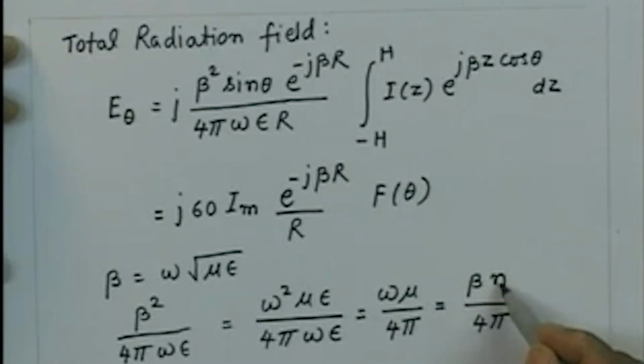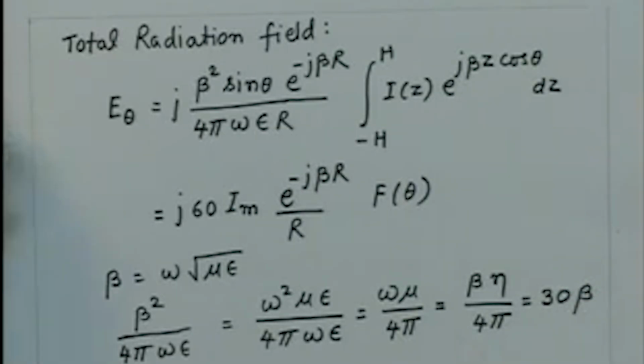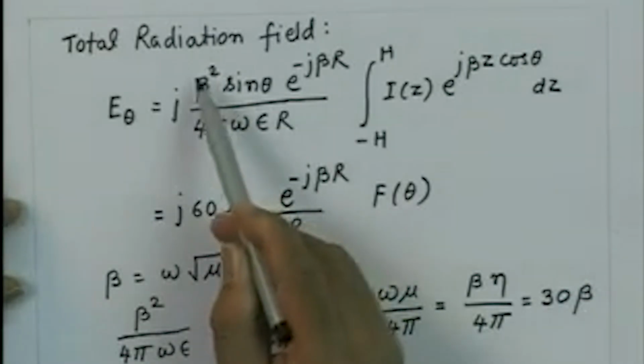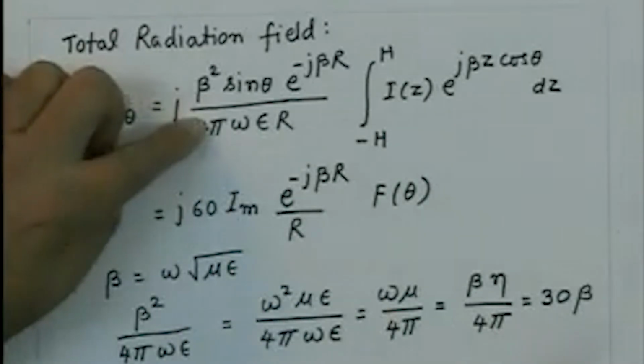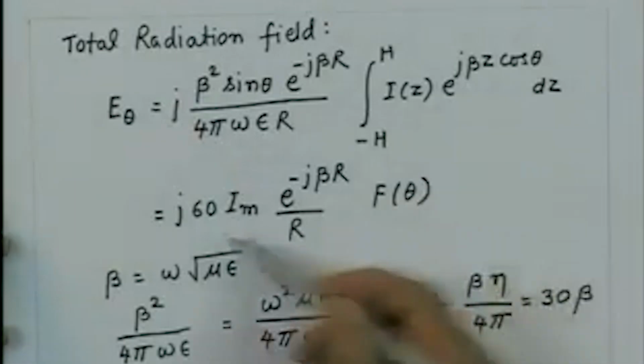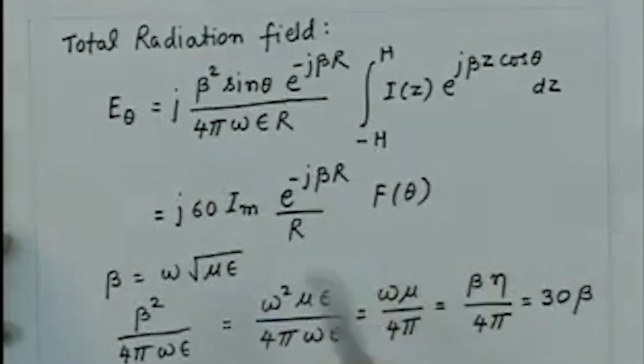So, essentially you will get this quantity eta, divide this which is 120 pi for the free space impedance. So, this will be equal to 30 beta. So, having this quantity beta square upon 4 pi omega epsilon equal to 30 beta, if I substitute here, then this integral essentially will get simplified to this.